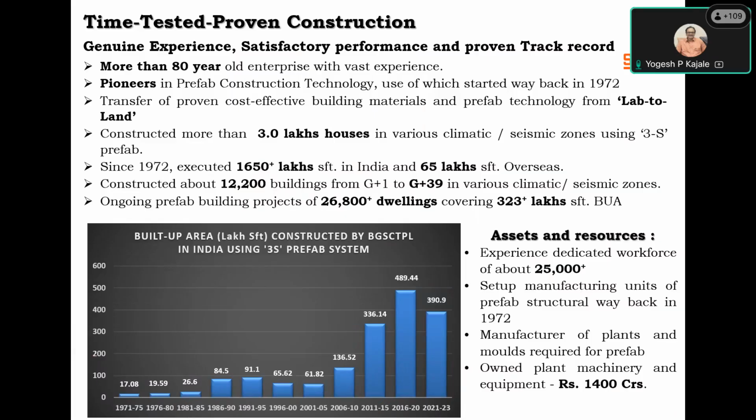To complete projects on this scale, the organization has to have a lot of expertise and experience as well as other resources, particularly in terms of equipment and machinery. That is the only way to succeed with precast construction.